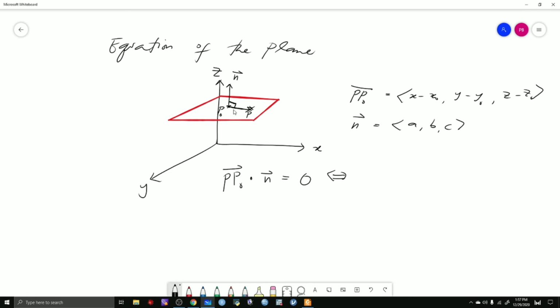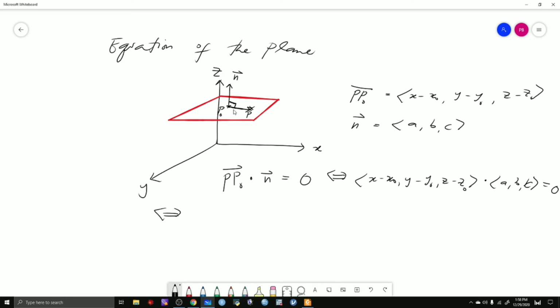So by this we derive: P minus P0, dot product with the vector (a, b, c), equate to 0.